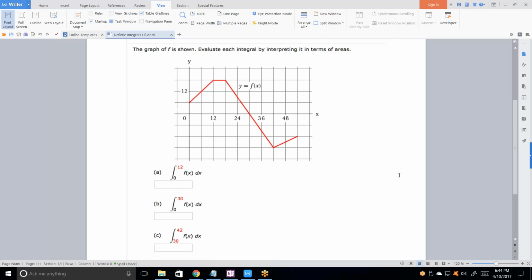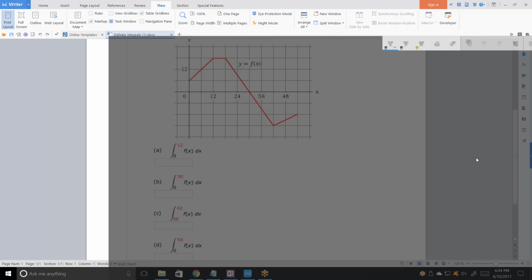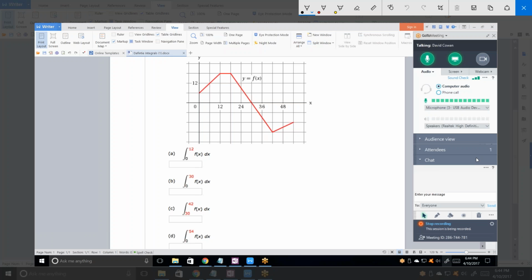On to the next problem. This is not really as hard. They want you to evaluate each integral by interpreting it in terms of area, knowing that the area under the curve is the same as the integral. So if they want to go from 0 to 12, they're talking about the area of that.